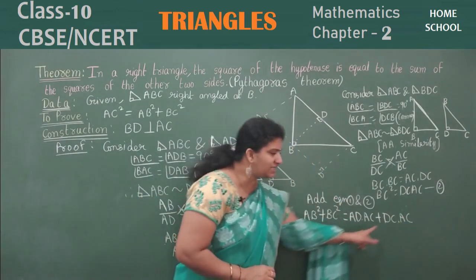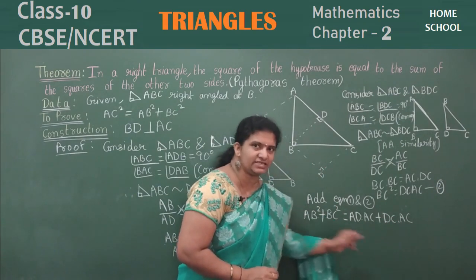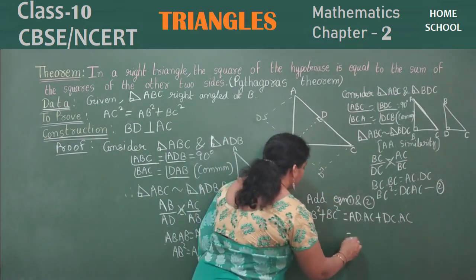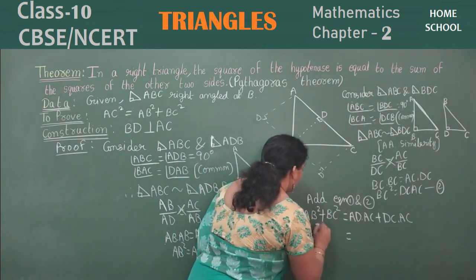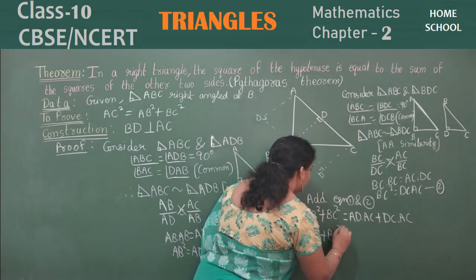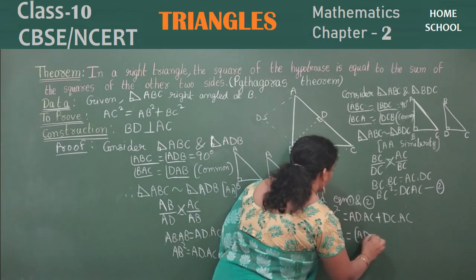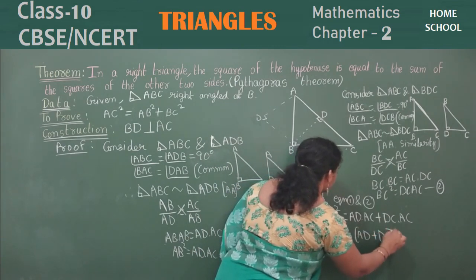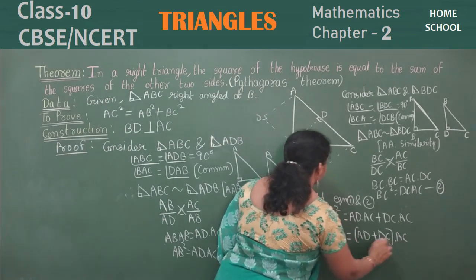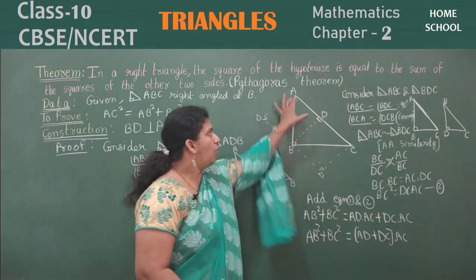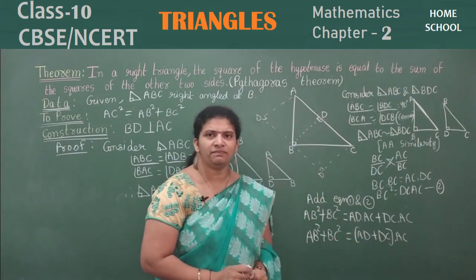Now in these two, what is common? AC is common. Take it out common. If you take out AC common, what are you left with? AD plus DC into AC. What is AD plus DC?